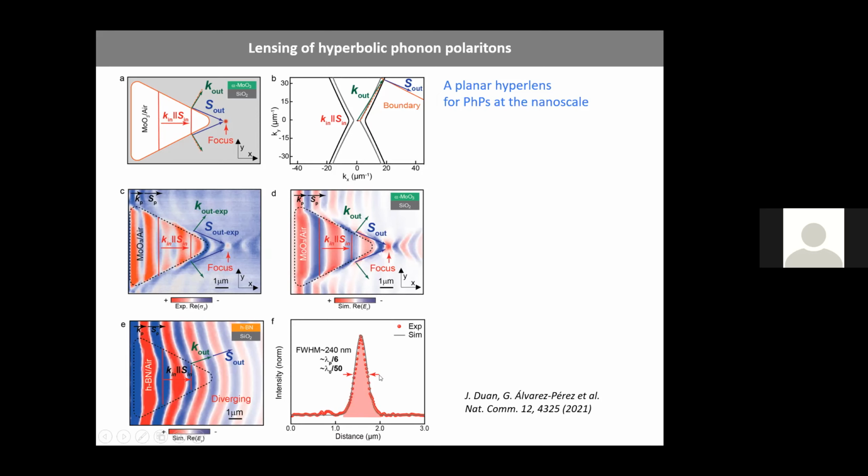The focus that we found that we can reach is around lambda incident, which is around 10 microns wavelength, 11 microns wavelength, divided by 50. So it's deeply subdiffractional. And also, if we compare to the polariton wavelength along this direction, our spot is lambda polariton divided by 6.